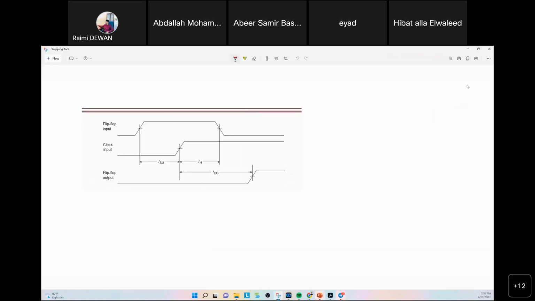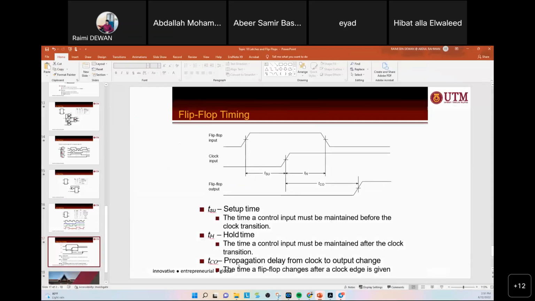If you didn't have the delay, you wouldn't have this TCO. It would mean that whatever changes, for example at every clock edge, would change directly, but that is not possible because there is delay. That is what is meant by TCO, propagation delay.